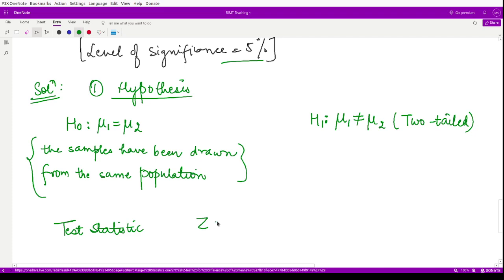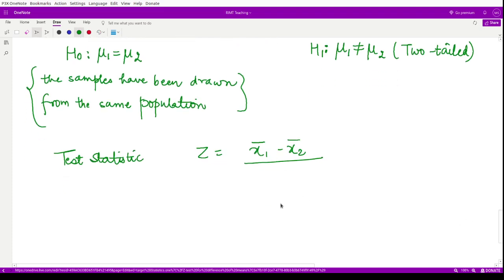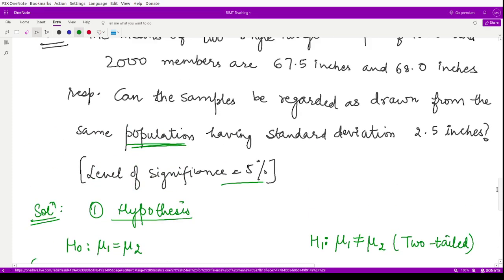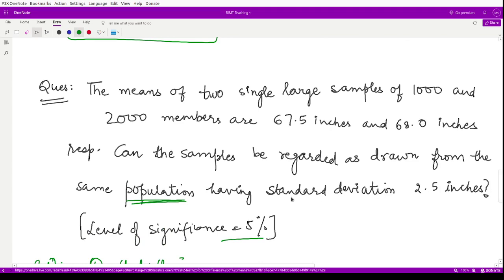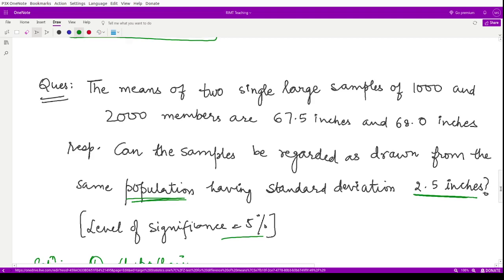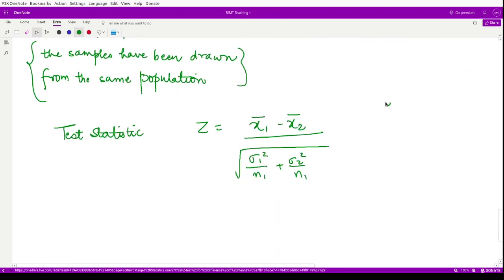So let us calculate our test statistic. So we will calculate Z, which is defined by x1 bar minus x2 bar divided by square root of sigma 1 square by n1 plus sigma 2 square by n2. Now notice here that the standard deviation is given to be 2.5 inches for both the populations. So that means sigma 1 is equal to sigma 2 is equal to 2.5 here, right?